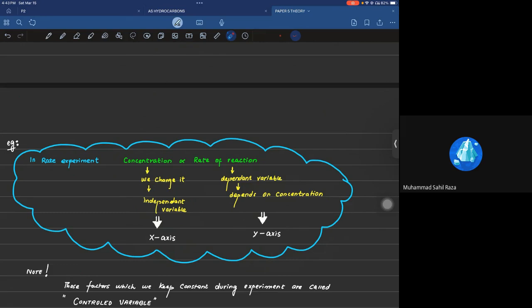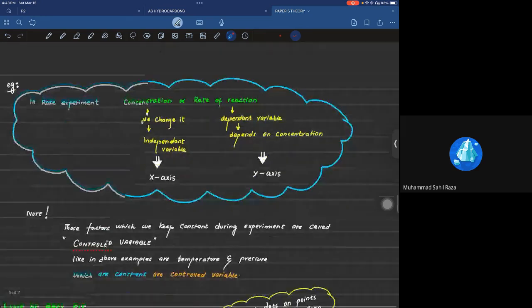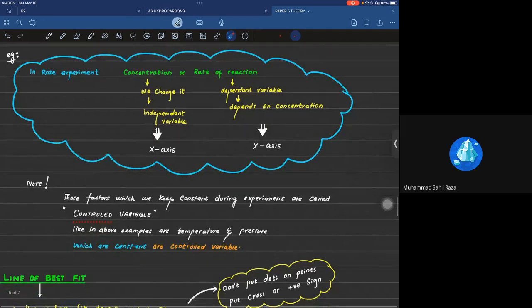Or, let's suppose I am planning to study how the rate changes as the concentration changes. So of course I am interested in changing the concentration, and I would study the effect of changing concentration on the rate.